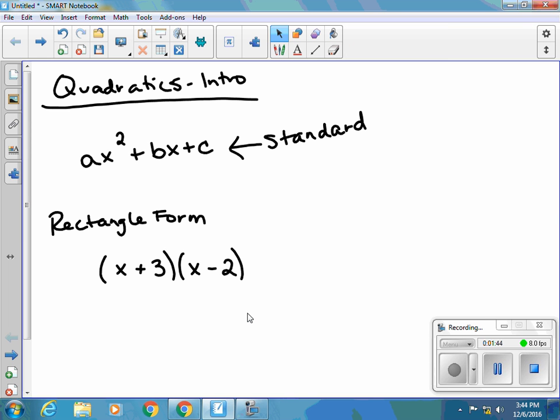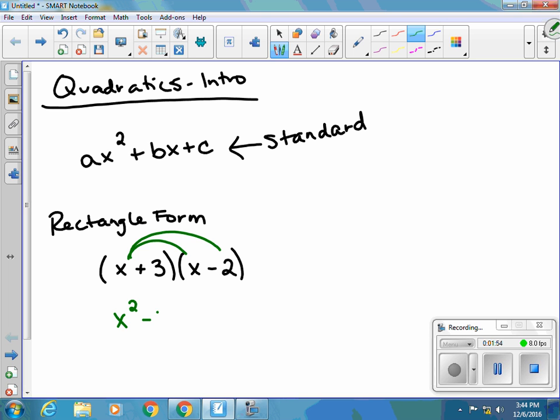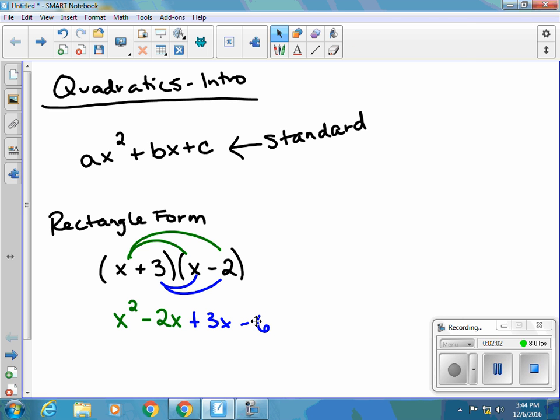I do not use the word FOIL because foiling only works if you have a 2 by 2. So this is just distribution. We have x squared minus 2x plus 3x minus 6. Now I do have like terms that I combine, so it's going to be x squared plus 1x minus 6.